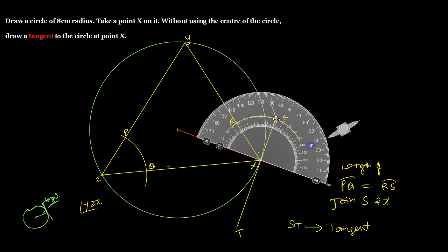So that's exactly, as you can see, exactly 90. Exactly means exactly, that's an exact 90. So where is that 90? Here. That is that angle. That's the angle which is 90. So that means it's perpendicular to the radius, and then ST is my required tangent.